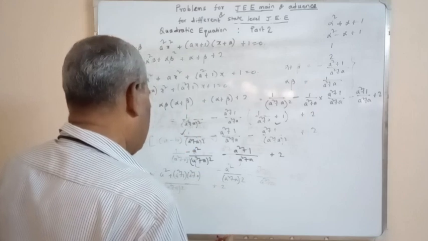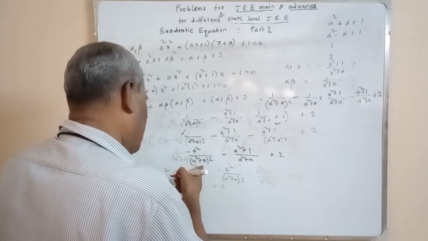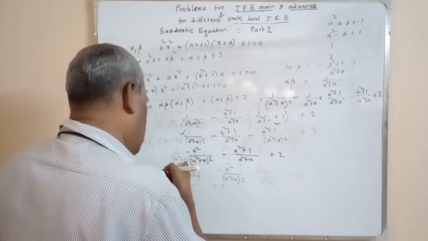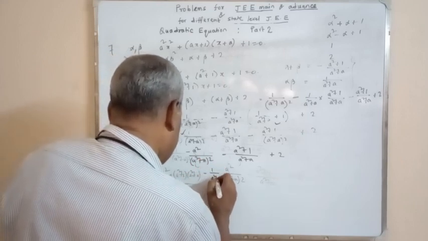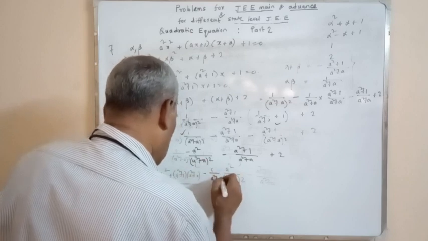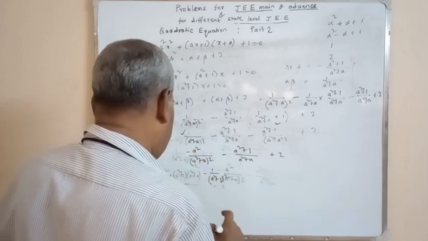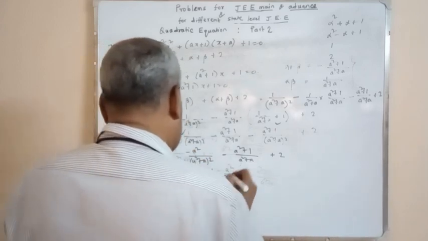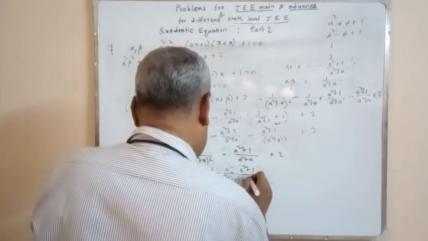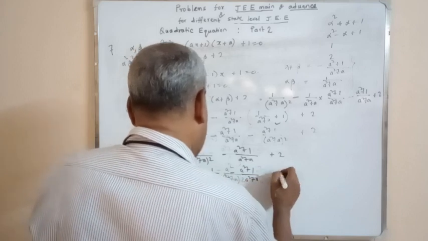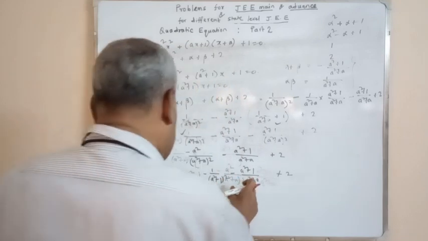Still, a can be taken common and that will be cancelled. So minus 1 by (a plus 1) whole square, minus (a square plus 1) by (a square plus a), plus 2, (a square plus a).